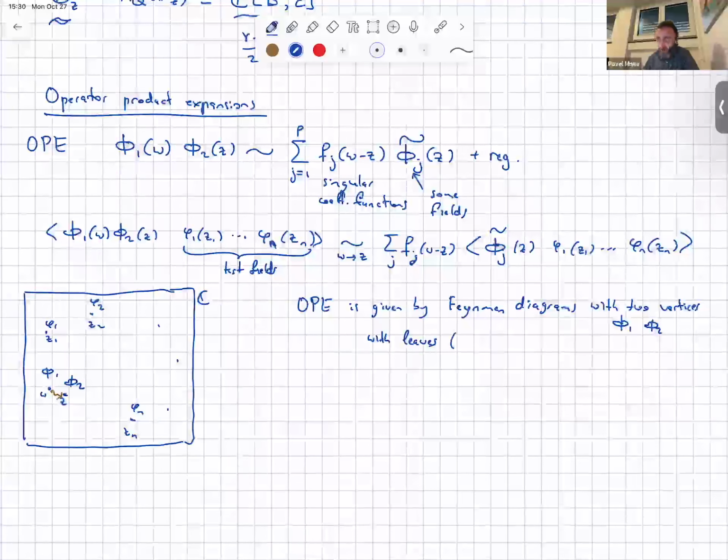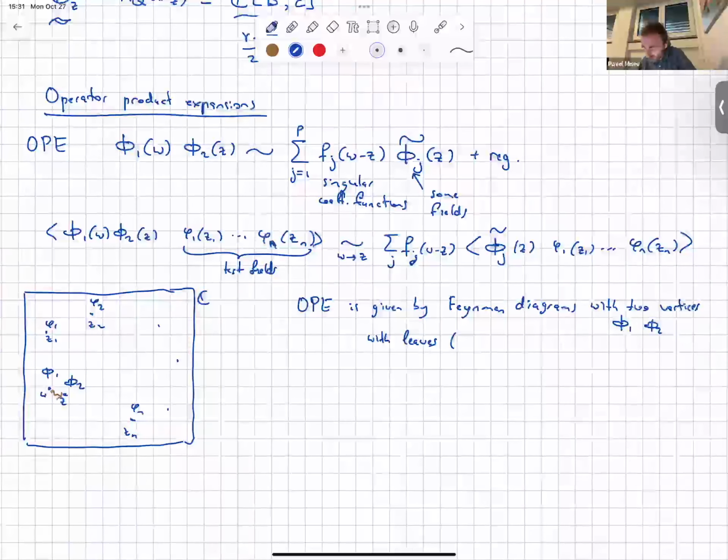The idea is that those leaves are leading to the test fields. So they are kind of chopped edges leading to the test fields.